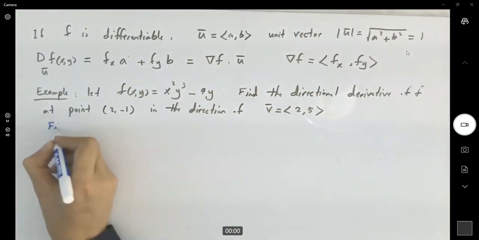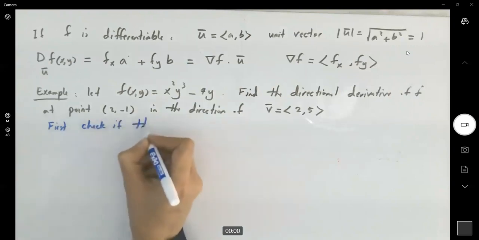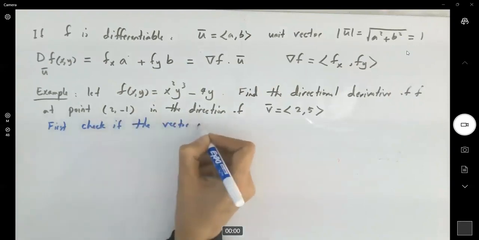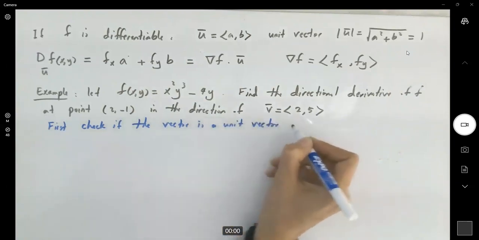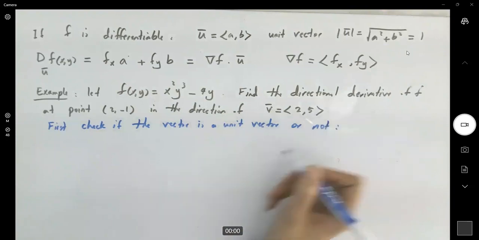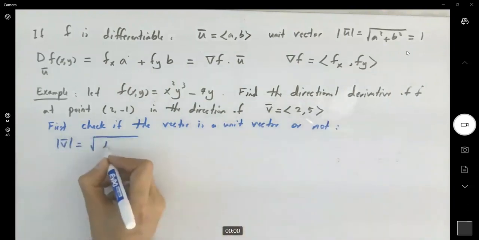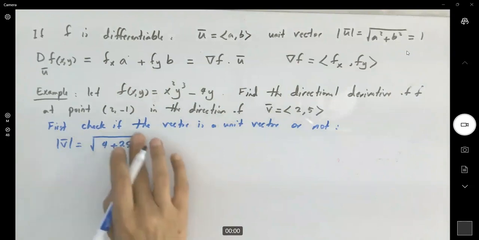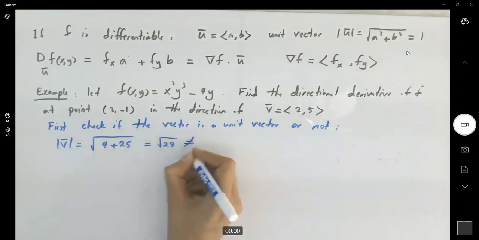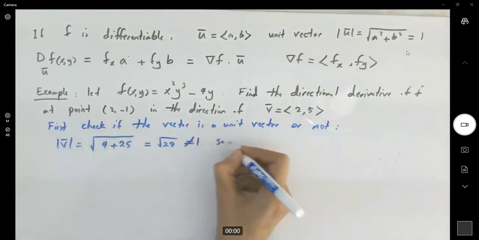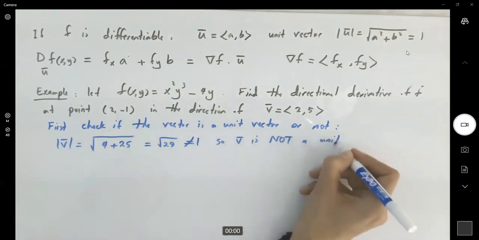First, check if the vector is a unit vector or not. The magnitude of vector v is square root of 4 plus 25, which is equal to square root of 29. This is not 1. So v is not a unit vector.